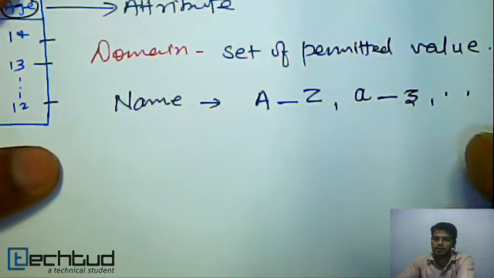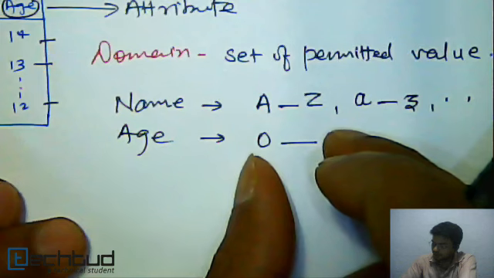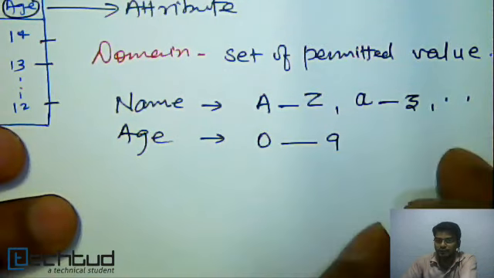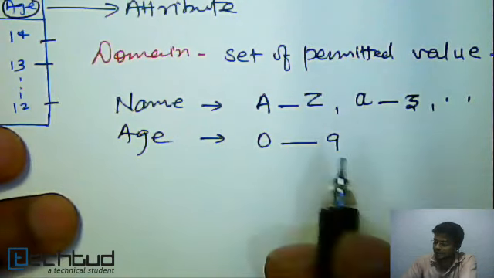Okay, similarly if we have age, we only allow integers to be an age. So integer 0 to 9. Okay, so this is the set of values which are permitted in age, and we can have range limitation, like if we want to have age greater than 5 and less than, consider 40.